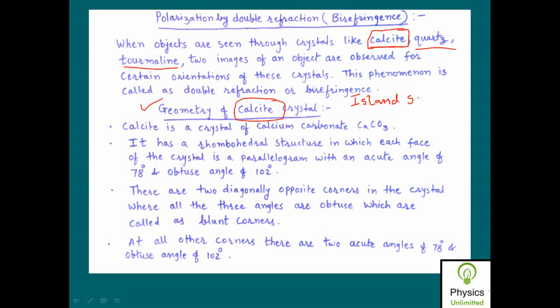Earlier people were using this crystal for amusement purposes because of the phenomenon of double refraction. Instead of a single image of the object, two images of the object are observed while observing the transmitted rays through this crystal. Therefore earlier this crystal was used only for amusement purposes.